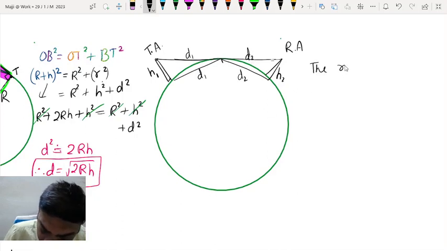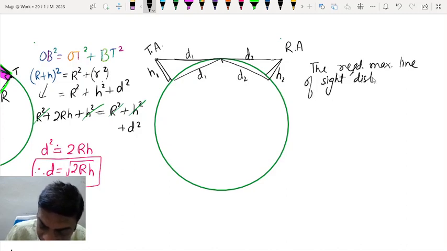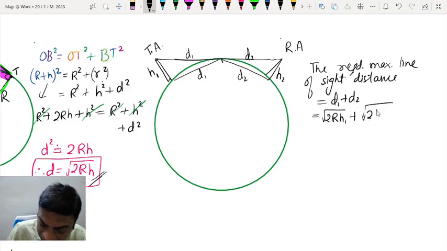So the required maximum line of sight distance will be d1 plus d2, which just now we have derived. You have under root 2Rh1 plus under root 2Rh2.